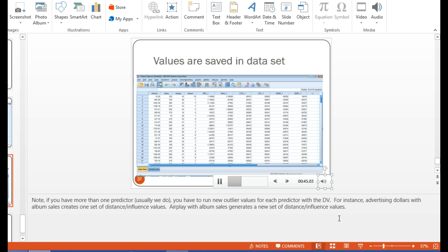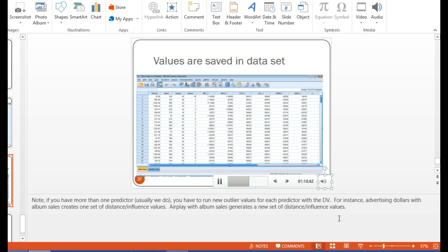The thing to keep in mind with this is that if we have more than one predictor in our model, which we usually do, we have to run new outlier indicators for that predictor with the DV. So for instance, if we were interested in airplay predicting the DV together with advertising dollars and attractiveness, we would have to run each one of those separately with the DV.